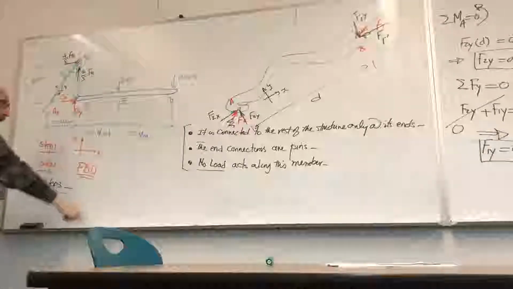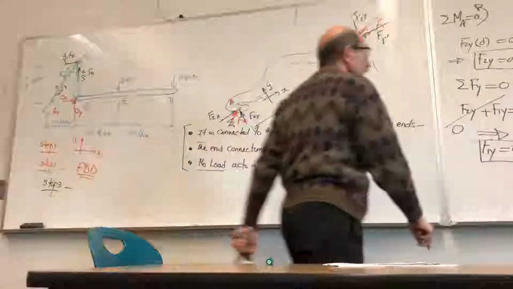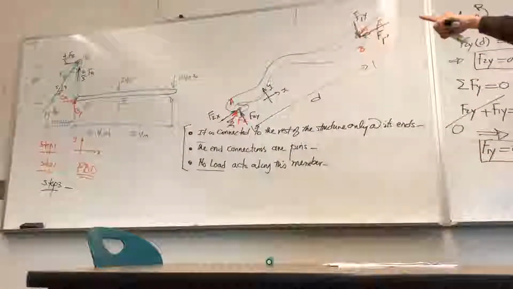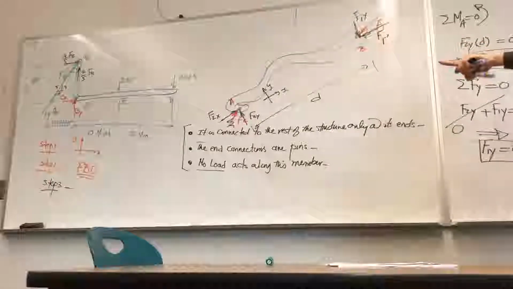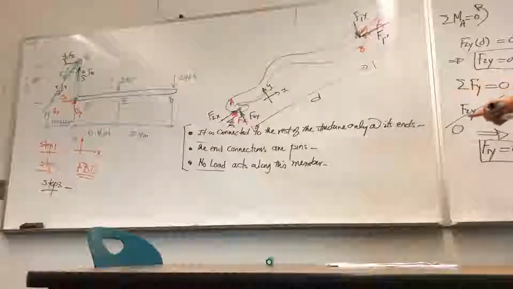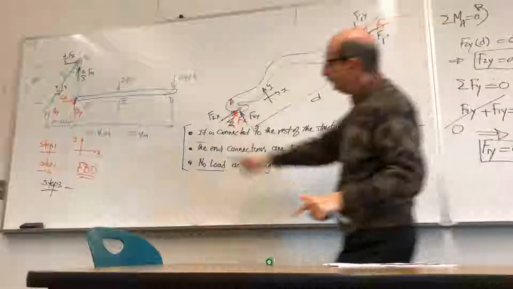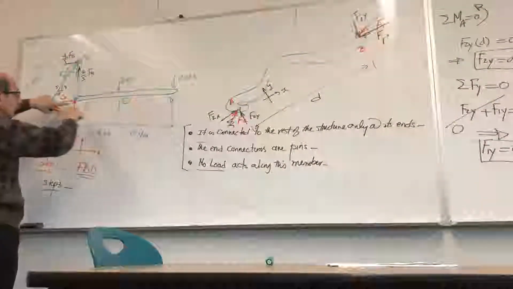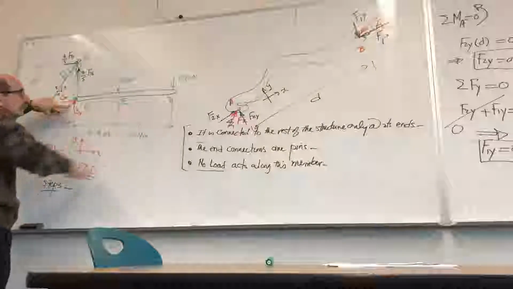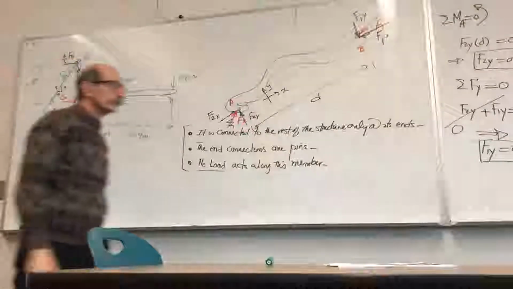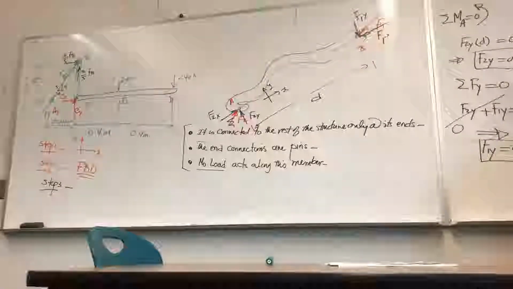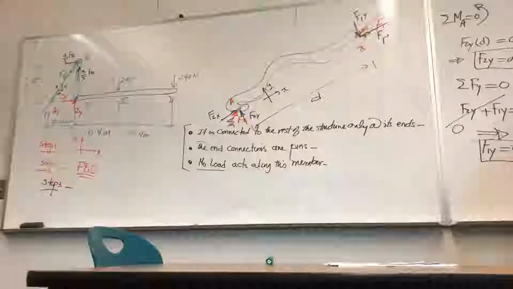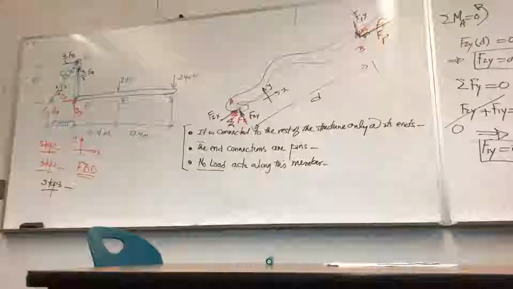This will generate a clockwise moment that is negative, distance is 0.18. So you have negative 4/5 FB times 0.18. Each of these also generates a negative moment about point C. This one, negative 240 times 0.4, and negative 240 times 0.8, equal to 0.